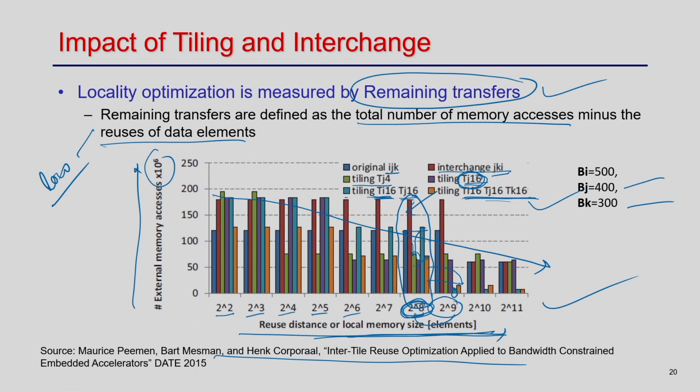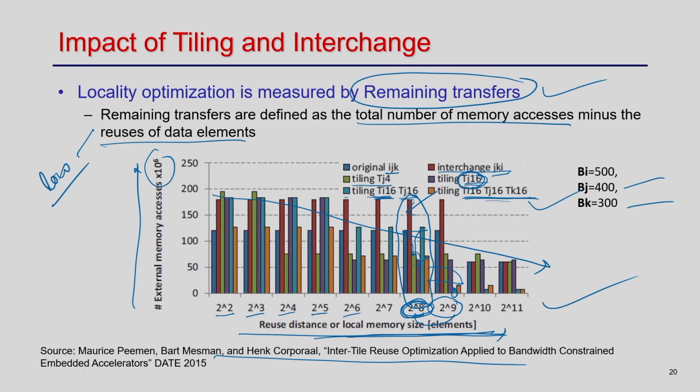I bring this result into our discussion because the number of tiling possibilities is many: the tile size, whether I tile all parameters or only one, and you can also interchange the loops, which is another parameter. Another parameter is the local buffer size.